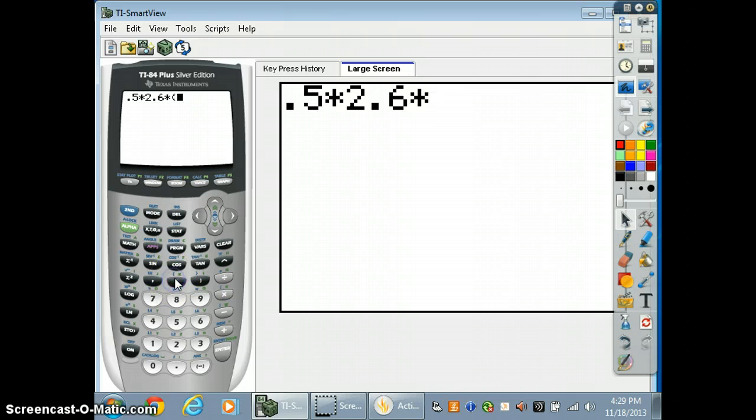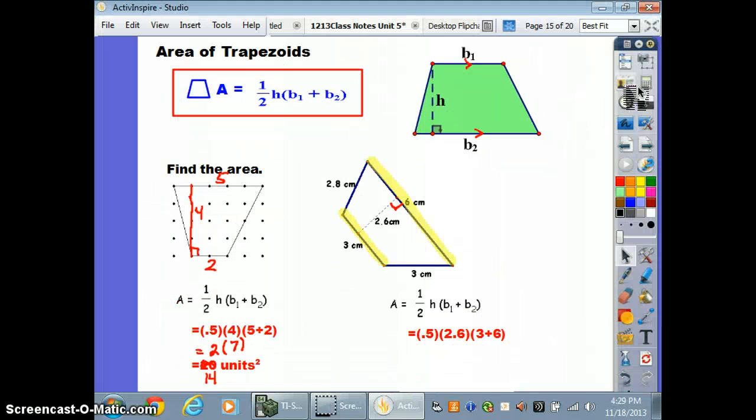So the sum we're going to have to put in parentheses. And the bases were 3 and 6. Okay? So notice I had to say 3 plus 6 in the parentheses. If you don't put the parentheses in, you'll get the wrong answer. 11.7. So let's go back. And our area then is 11.7 centimeters squared.